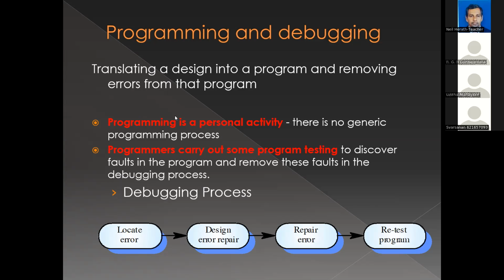So this we call the debugging process. When we say programming is a personal activity, it means there is no generic programming process. Say when we give a problem for you to solve, as we do all the time, say for assignments, CATs, and even final papers, we would be giving you a part of a scenario or a problem to solve.